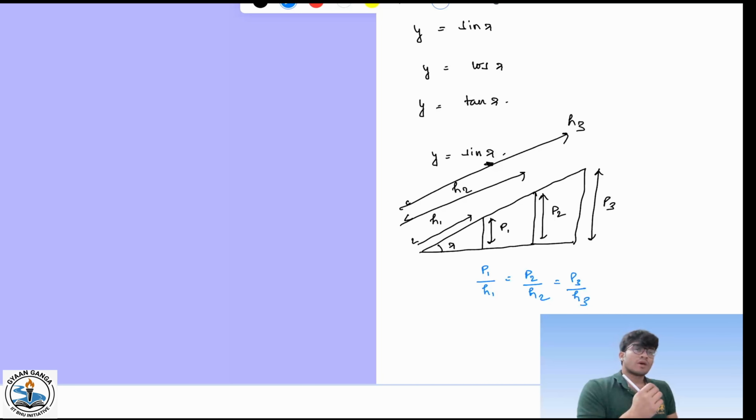And why is it the case? You will understand it later when we discuss similar triangles. The proof comes from similar triangles.